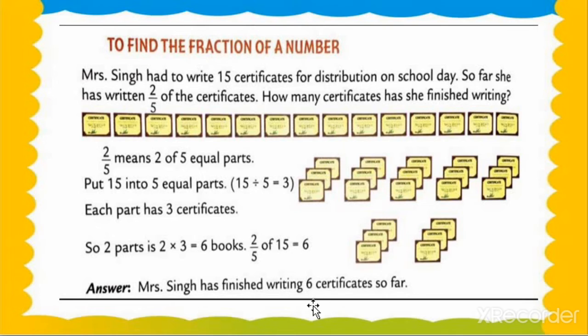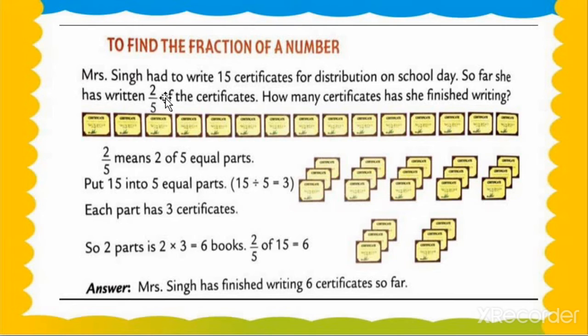Now the answer is what, my dear students? We have to only mention the digit here. First of all, we do the division, and then after we do multiplication, with which digit?